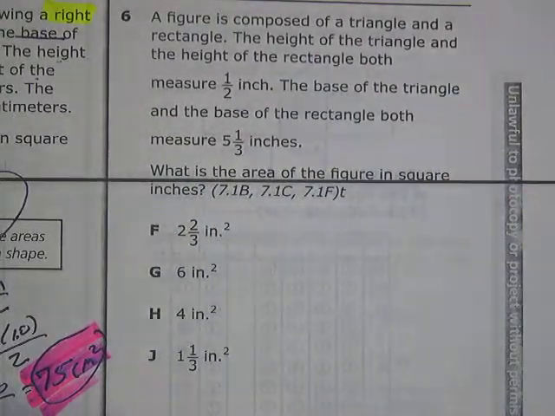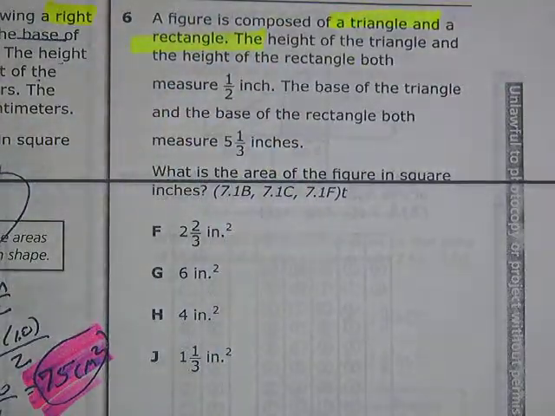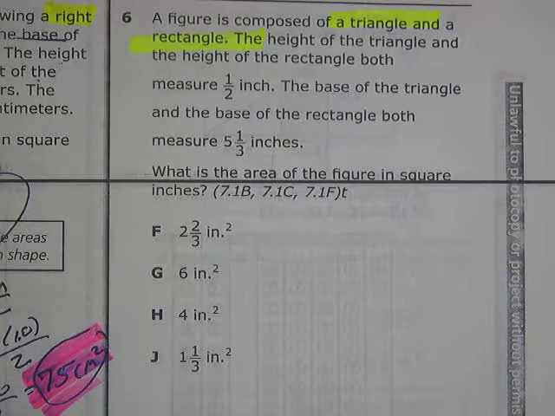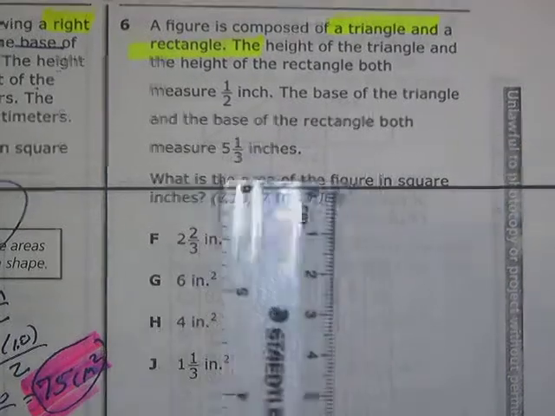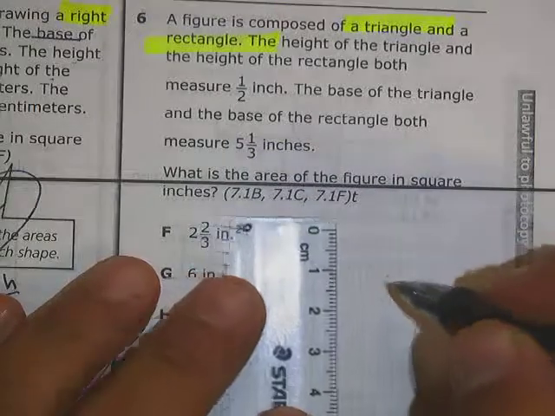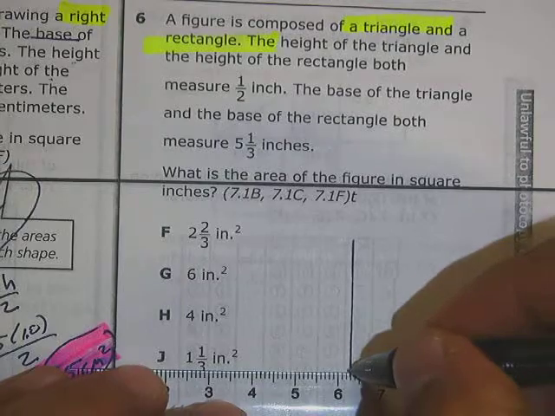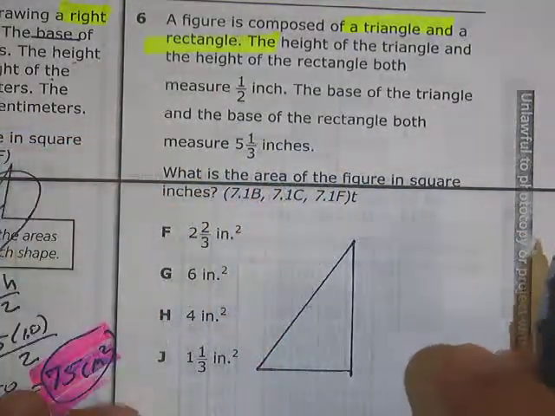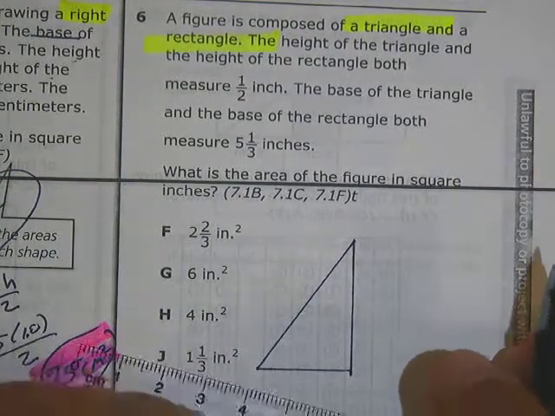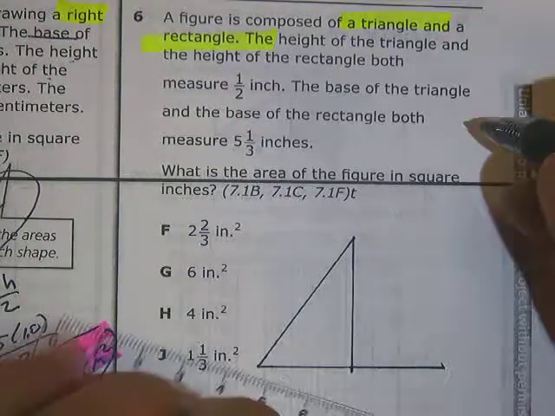Okay, let's look at number 6 there. Again, a figure is composed of a triangle and a rectangle. So I'm going to draw a picture of that because I want to see a visual of what they're talking about. It just helps me out. So let me draw a triangle, and it's next to a rectangle.